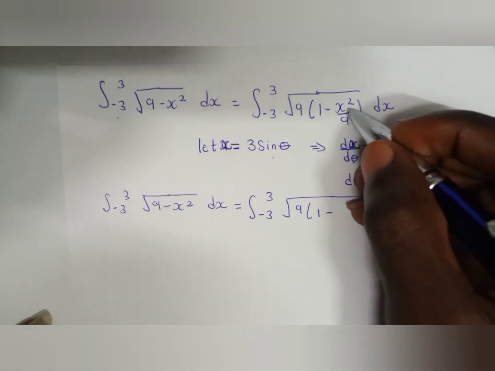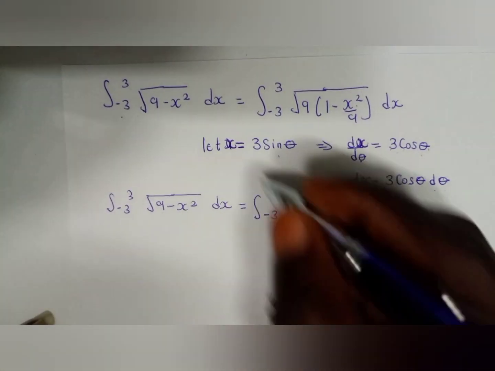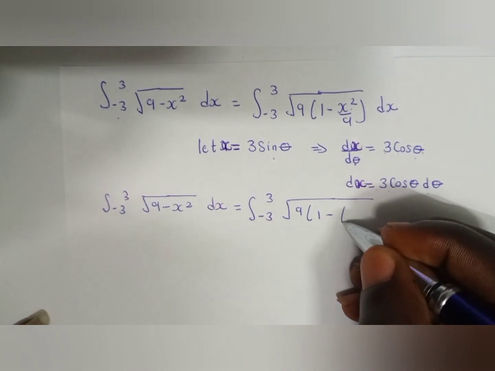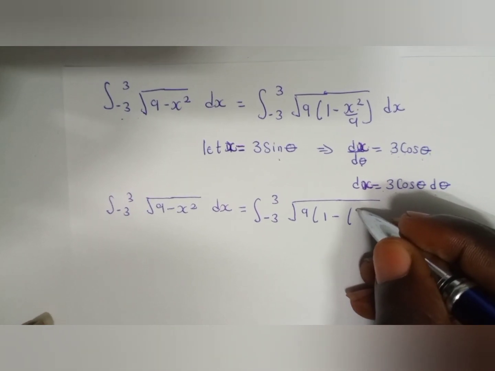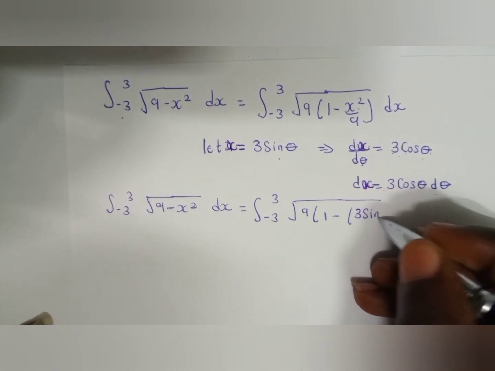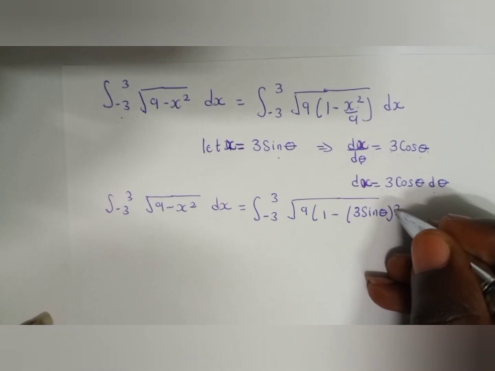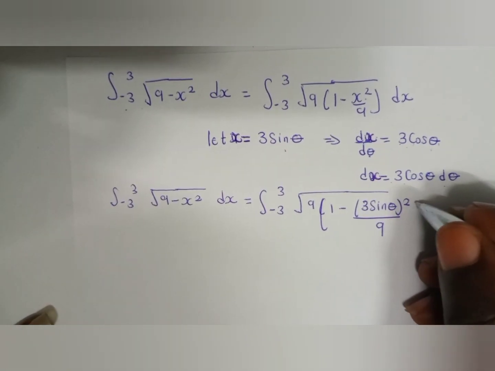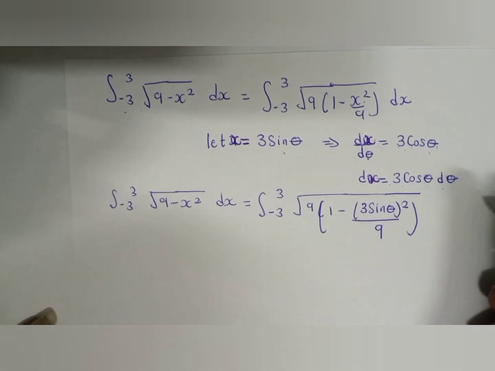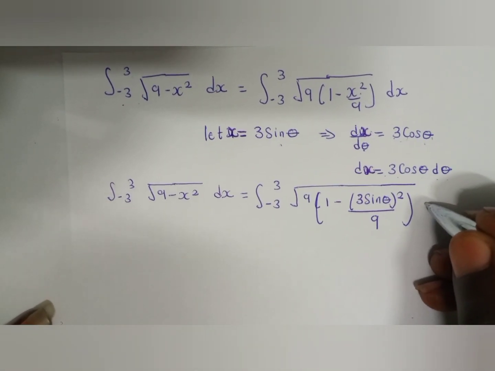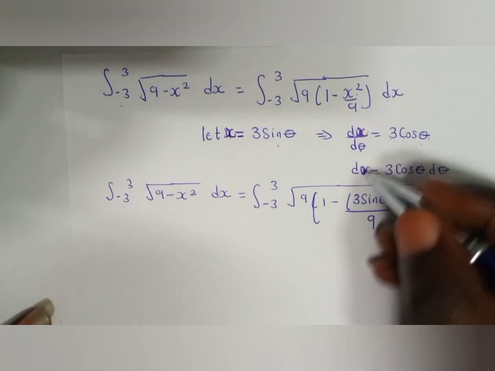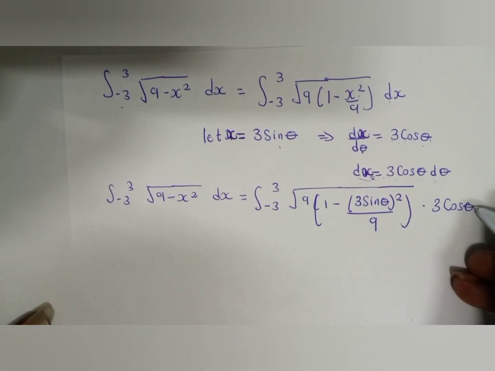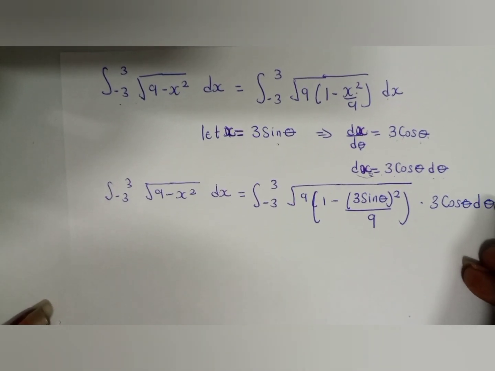So in place of x, we can substitute 3 sine theta. So we have 3 sine theta all squared divided by 9, multiplying by dx. So we know that our dx is 3 cos theta d theta.